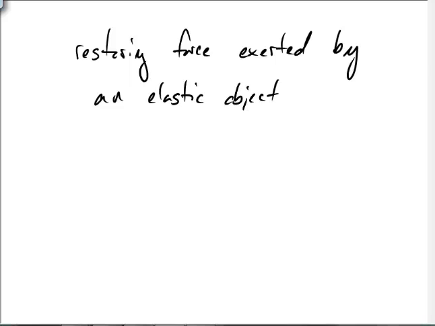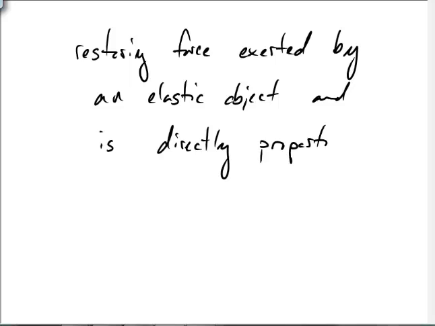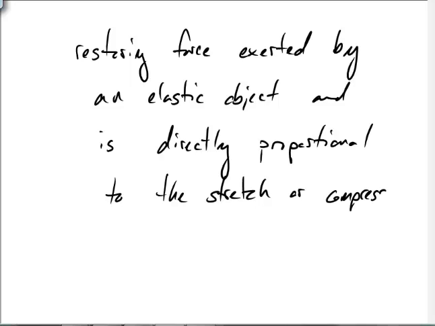So directly proportional should say something about the shape of the graph, correct? Yeah. It is directly proportional to the stretch or compression. Because some springs, like at Great America, compress rather than stretch, right? Right, it's a safety device.